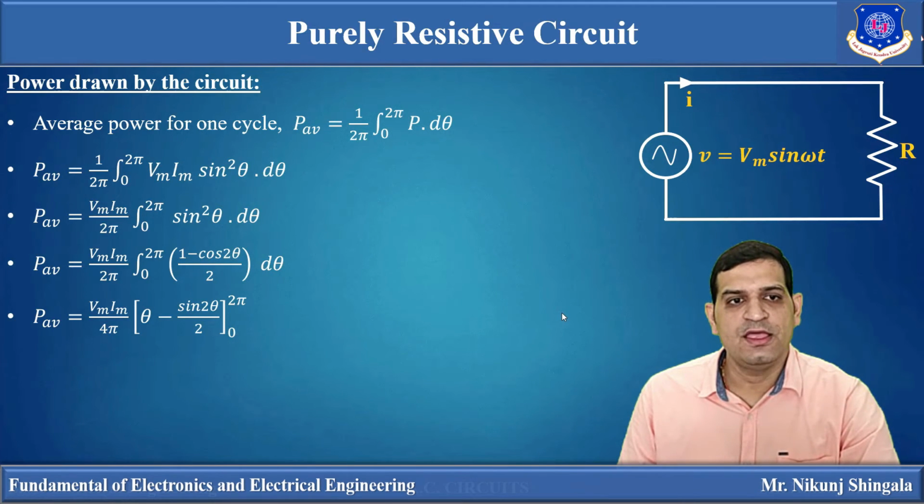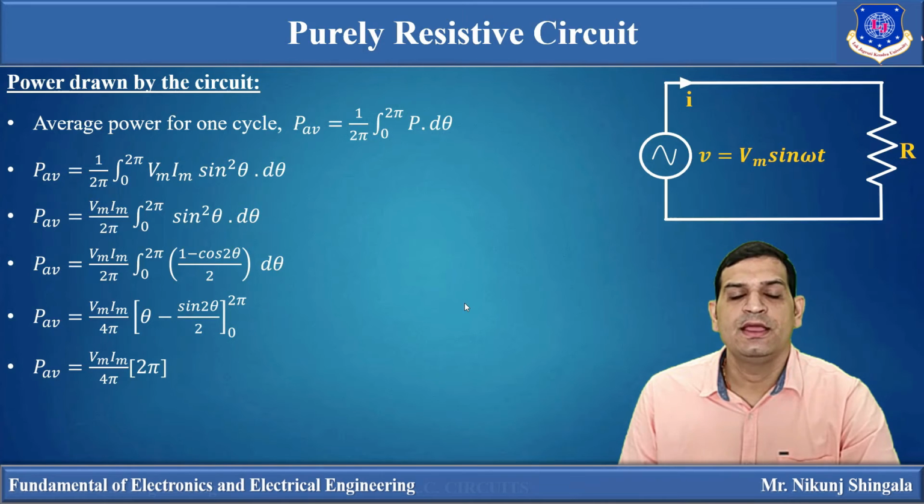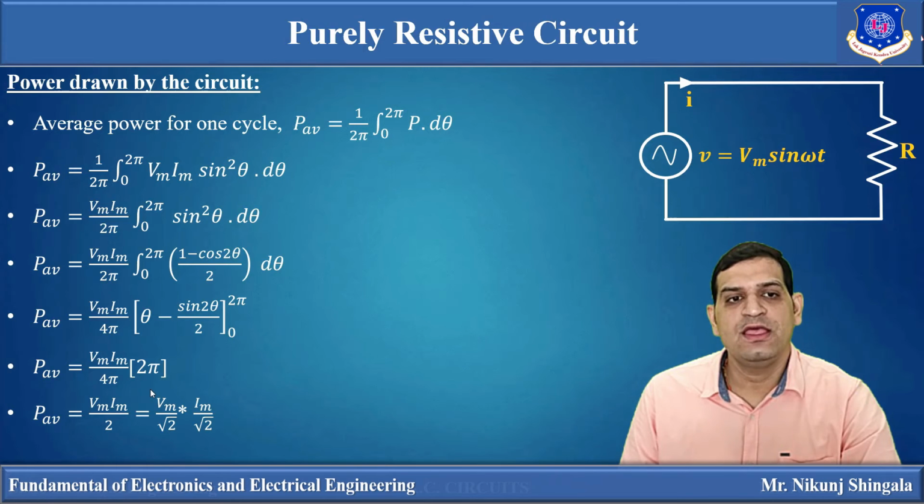Now if we solve this equation, we get P average is equal to Vm Im divided by 4 pi in bracket 2 pi minus 0. So if we solve this, we get P average is equal to Vm Im divided by 2.